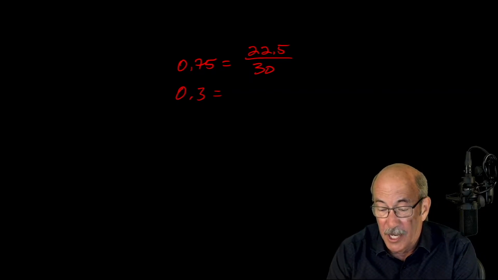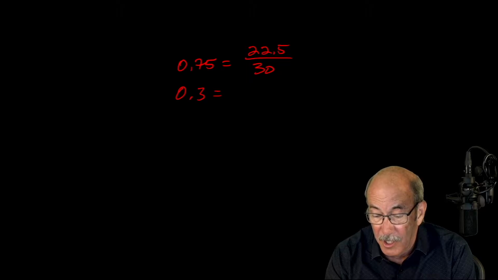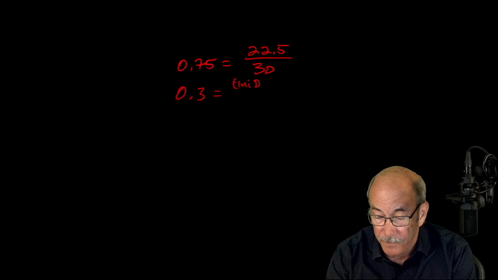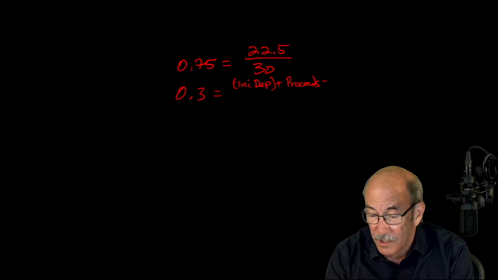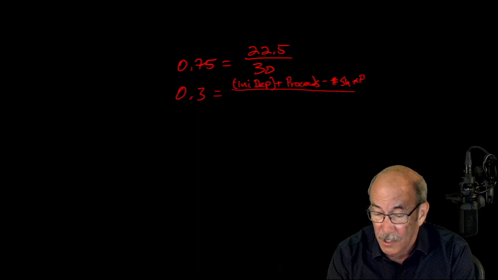but realizing that your initial deposit plus the proceeds from the short sale minus the number of shares times the current price, and then you divide that all by number of shares times the current price.